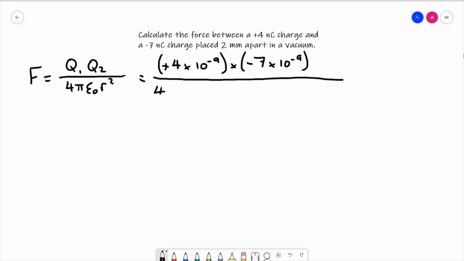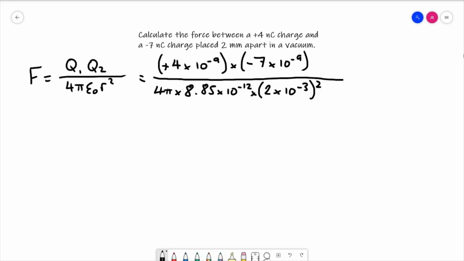That is going to be divided by 4 pi times epsilon naught, which is 8.85 times 10 to the minus 12. And then we're going to multiply that by our distance. Well, 2 millimeters is 2 times 10 to the minus 3 meters. And then we're going to square that.